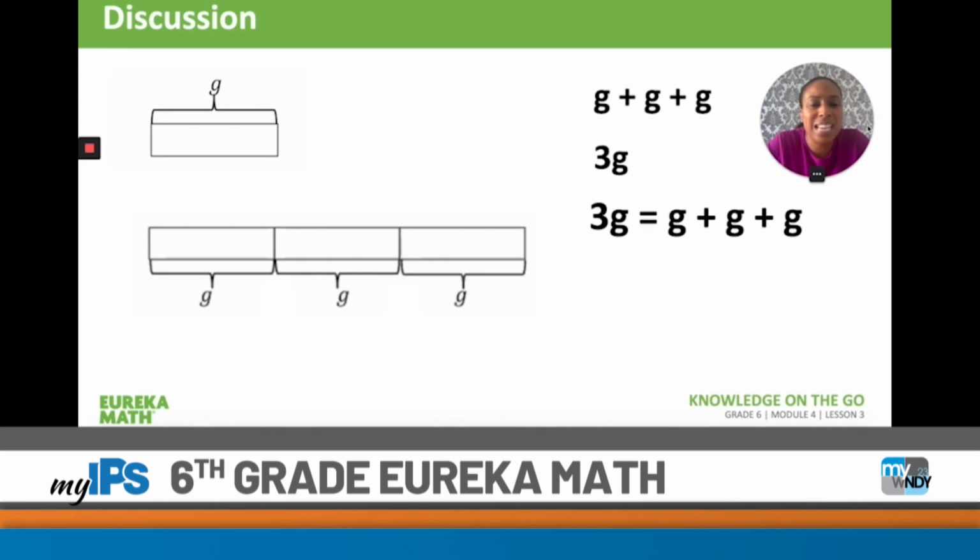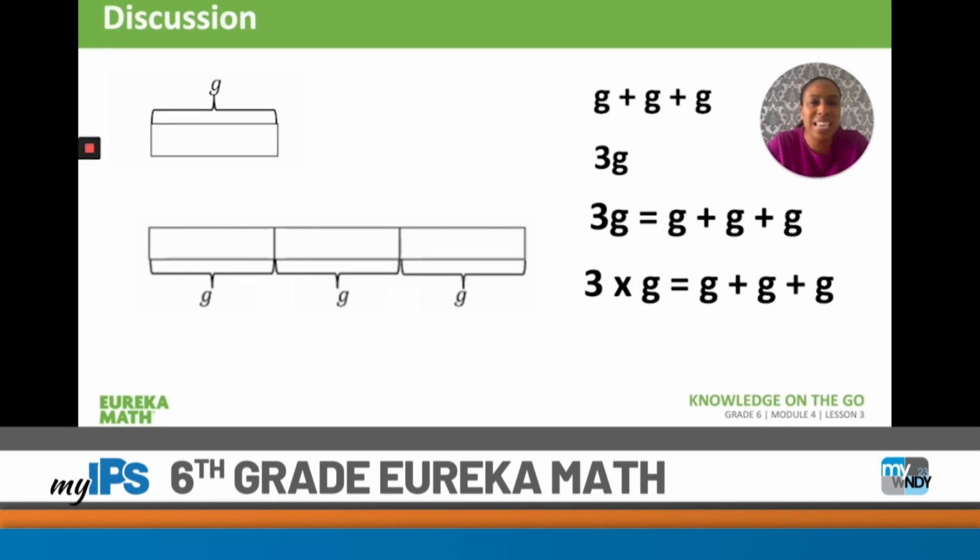Did you notice anything about the way that I've written my equation? Earlier, we wrote our expressions with the multiplication symbol. 3G is the same as writing 3 times G, but we're no longer going to use the X for multiplication. Why? Because it looks like a variable and it can get really confusing.